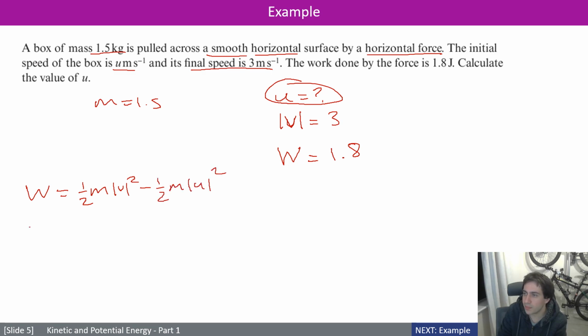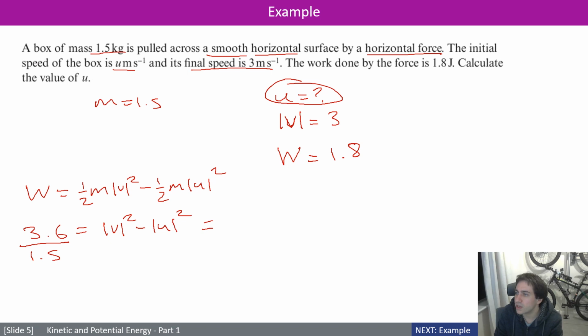So we've got that, 1.8. In fact, let's shortcut this and just double everything. So I'm going to change 1.8 to 3.6, so I can get rid of the halves. The mass is 1.5, so let's immediately divide by the mass on both sides as well. So then we just get this, makes it a bit faster, which in this case is equal to 9 minus mod of u squared.